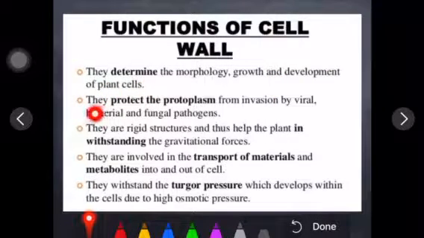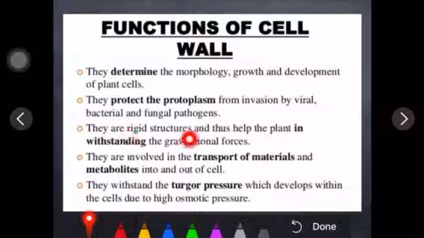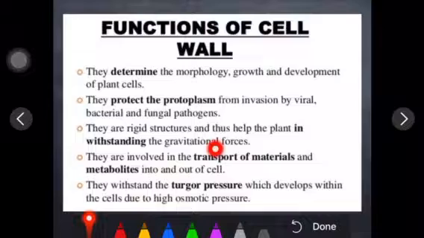Fine. Second point, they protect the protoplasm from invasion by viral, bacterial and fungal pathogens. It means they provide protection against viral, bacterial and fungal organisms which are not good for the body and can create diseases. They are a rigid structure and help the plant withstand gravitational forces, of course.